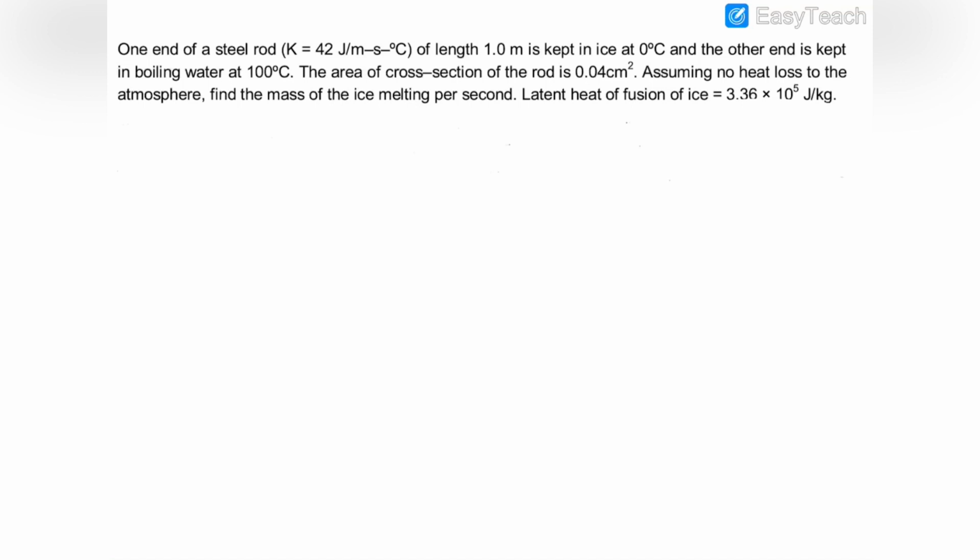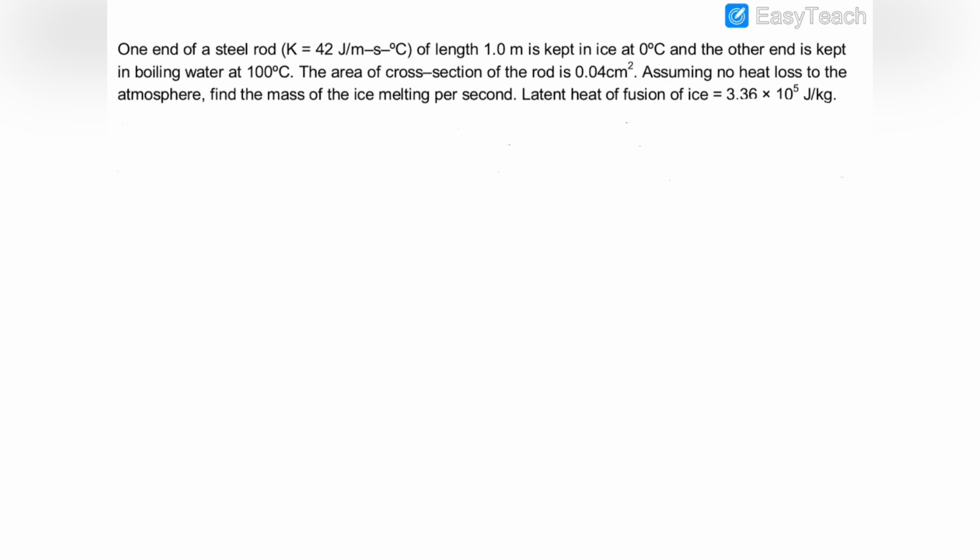In this question, you can see that there is a steel rod of K which is 42 joule per meter per second per degree Celsius, and this has a length of 1 meter. One end of this rod is kept in ice at 0 degrees Celsius and the other end of this rod is kept in boiling water.